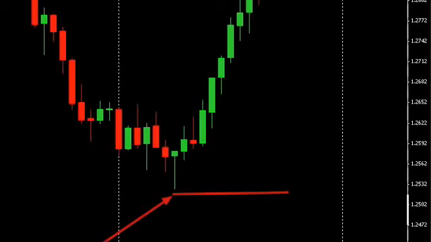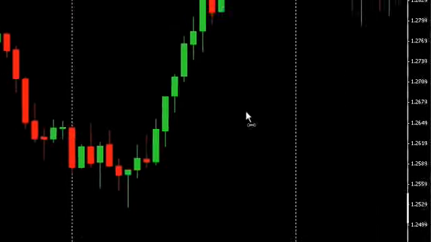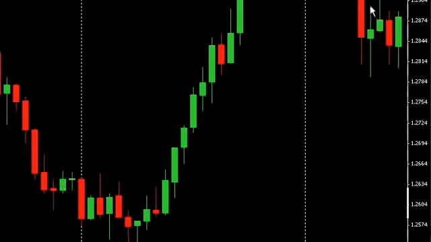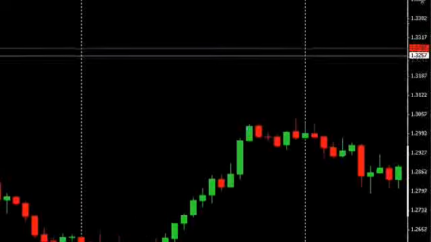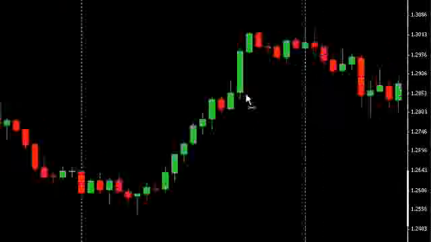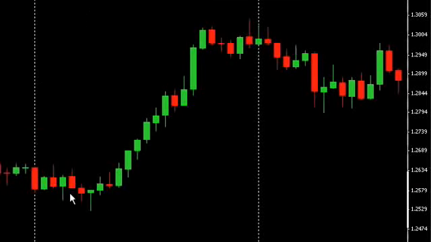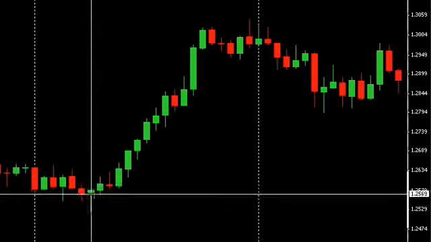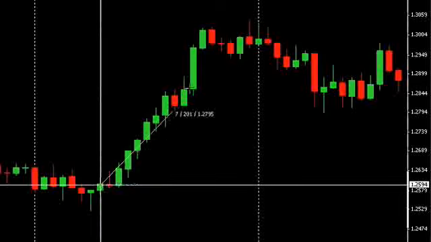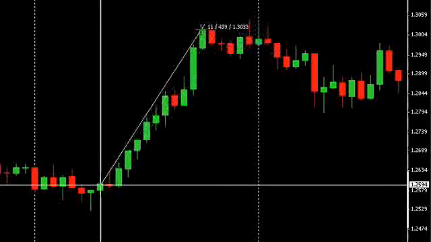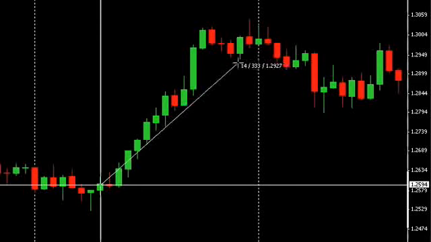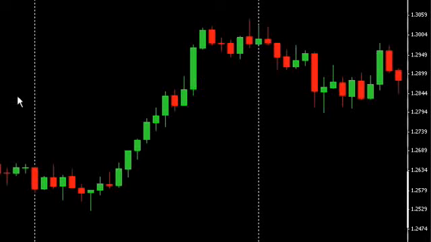So that's pretty much it, and let's just look how that played out for you. I can shorten the scale down a little bit here, and we can go back here and say we got out on another formation that's very clear here. Even at a low, that is still 333 pips. That's pretty darn good.